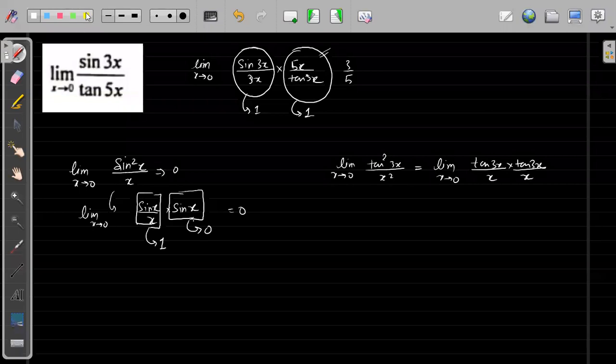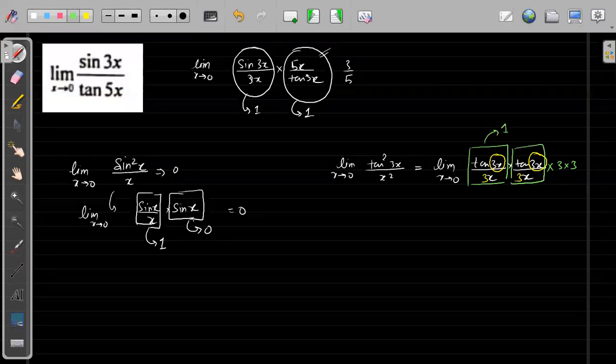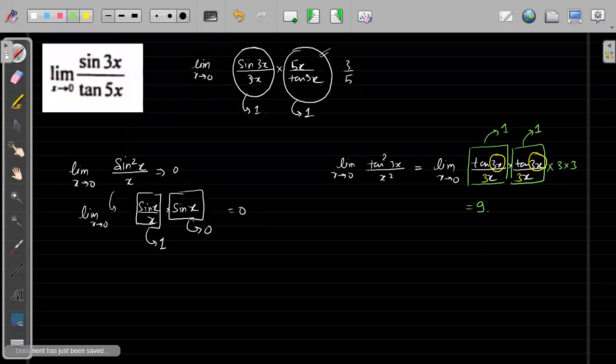Because here we have 3x, so in the denominator we should have 3x, only then it will become 1. But because we are dividing this with 3 and this with 3, we will multiply this with 3 and this with 3, so we will not change the question, right? Now this part is equal to 1, this part is also equal to 1. So the total will be 3 into 3, which equals 9. I hope now this is very much clear.